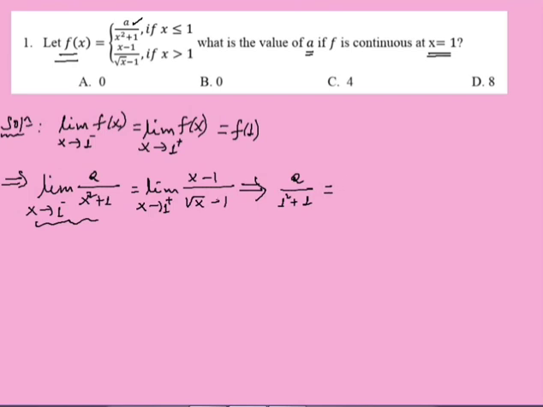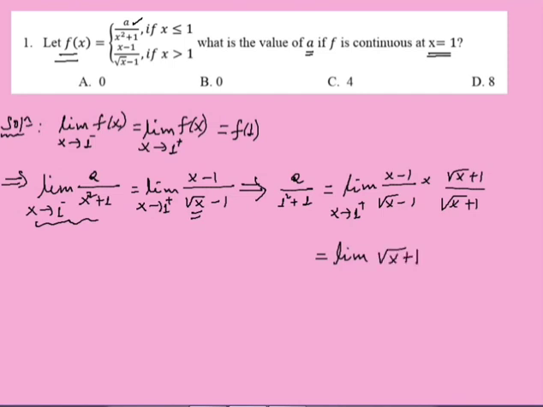For the other one, you can't substitute 1 because the value becomes 0 over 0, therefore it requires some simplification. For x minus 1 over radical x minus 1, we need to rationalize it by multiplying by radical x plus 1 over radical x plus 1, as x approaches 1 from the right. Then this is the limit of radical x plus 1 as x approaches 1 from the right.